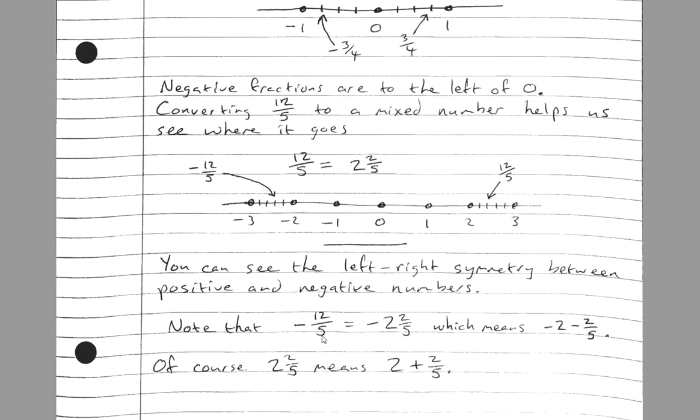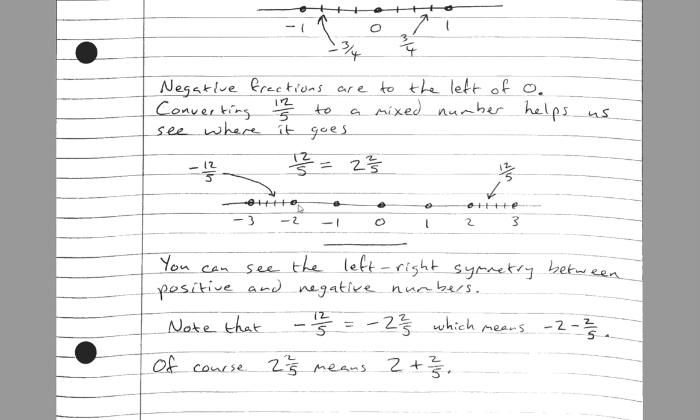Just to be careful, these mixed numbers can get confusing. This -12/5 as a mixed number, you write it like this, -2 and 2/5. But this minus really means everything here is negative. So it really means -2 minus 2/5.